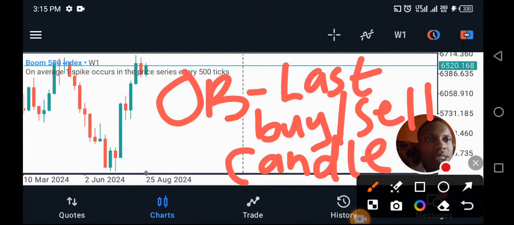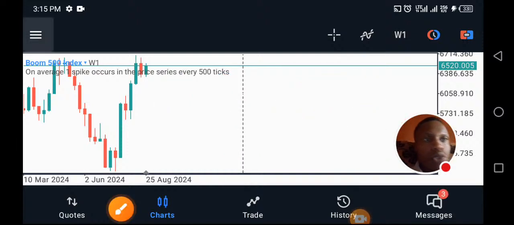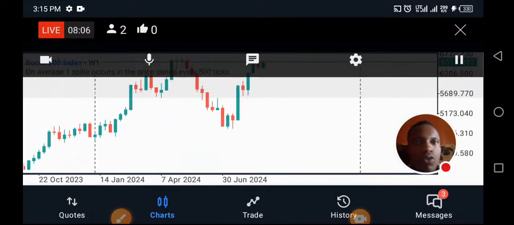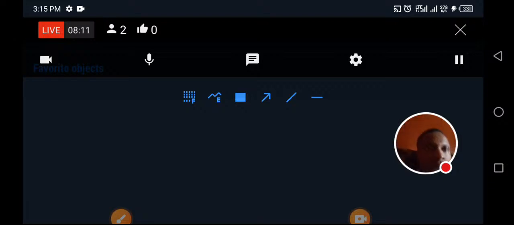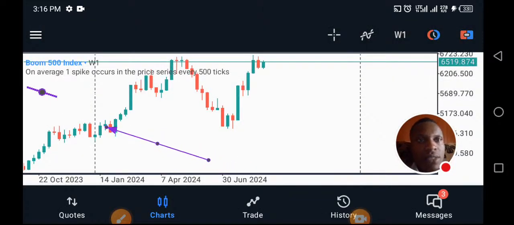So our order block is the last buy or sell candle. So let us identify that order block here now. For example here, you notice on my chart that we have this last sell candle here.